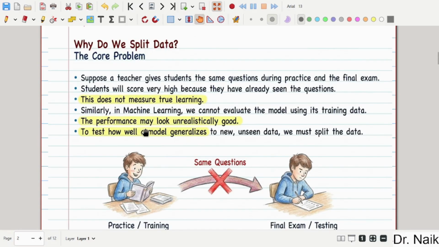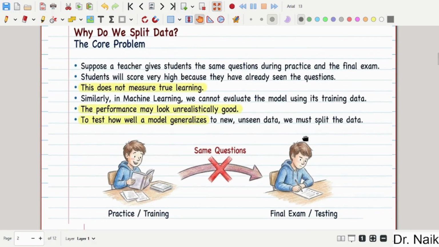The performance may look unrealistically good if we use the same training data to evaluate the model. To test how well a model generalizes to new unseen data, we must split the data. So, the main reason to split the data is to test how well a model generalizes to new unseen data.